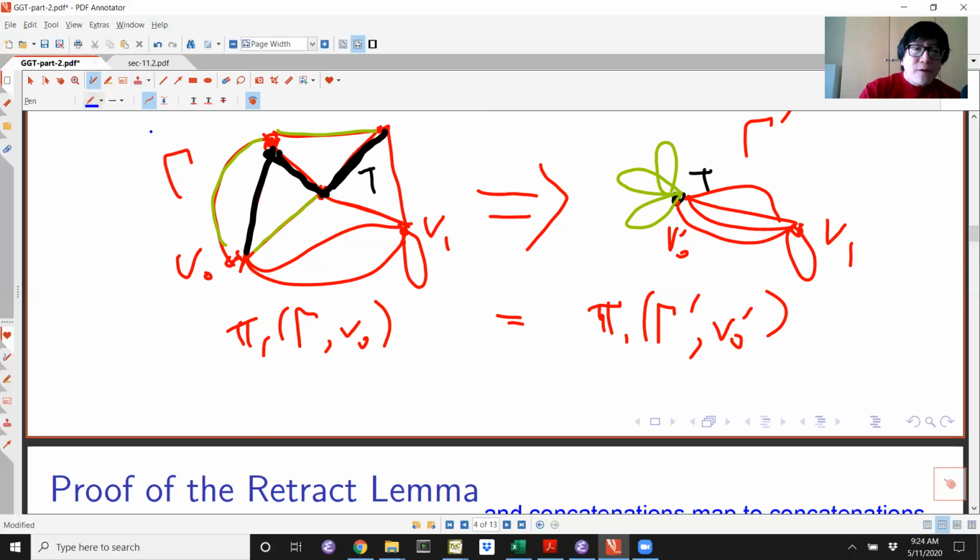So the blue loops will be the loops that are unaffected by the collapse. They're totally the same.